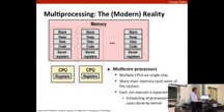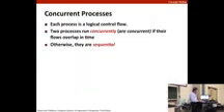Now in reality, on modern systems with multiple cores, the operating system will schedule processes on those multiple cores, and if there are not enough cores to handle the processes, it'll do the context switching just like we showed before. Each process represents what we call a logical control flow.